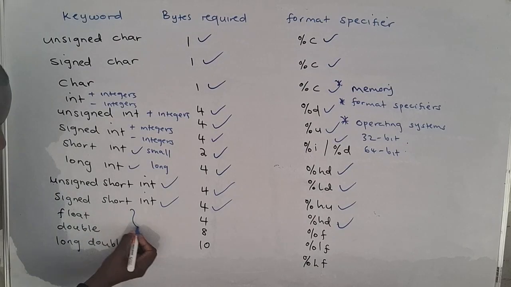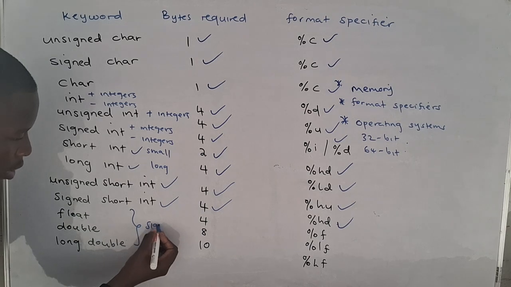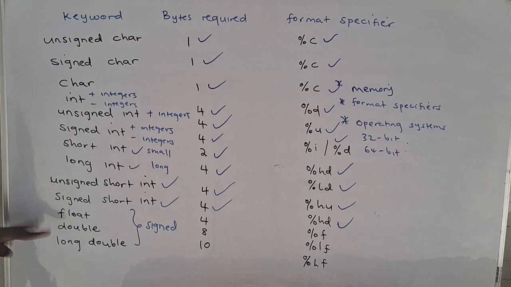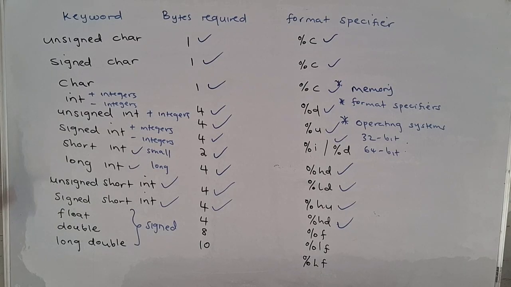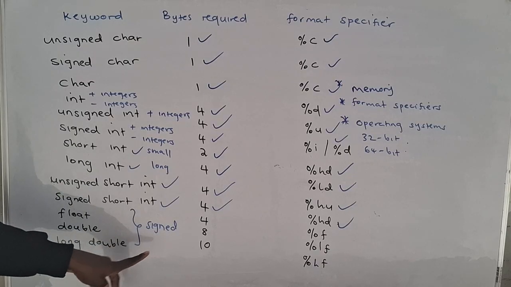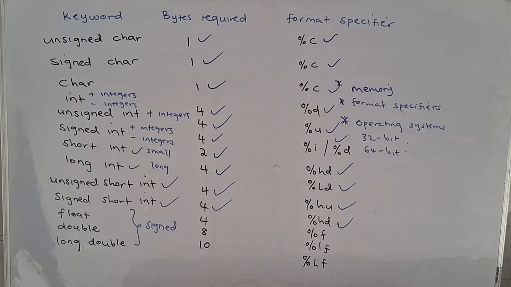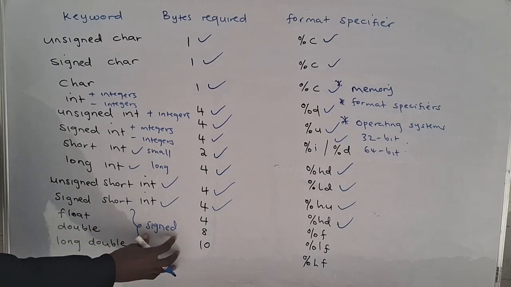By default, these are signed: signed float, signed double, and signed long double. By default, these three are signed.